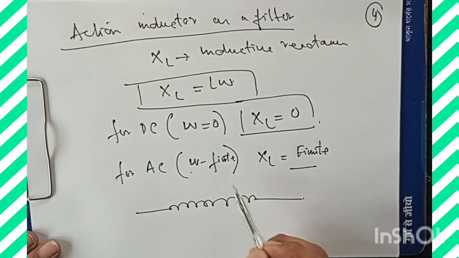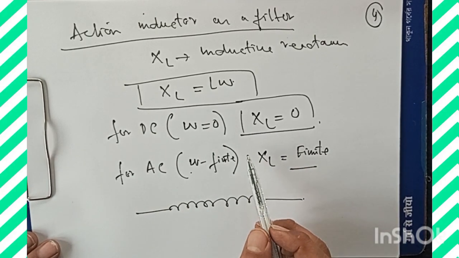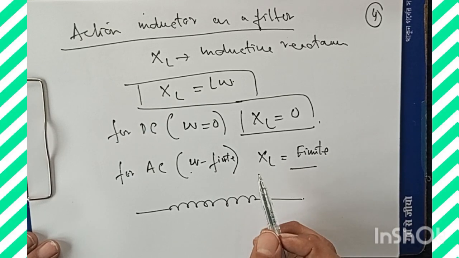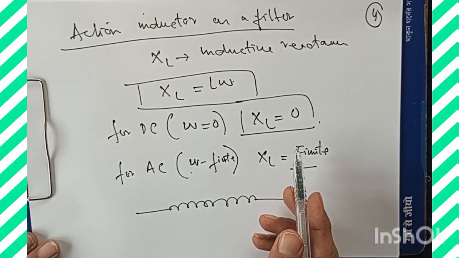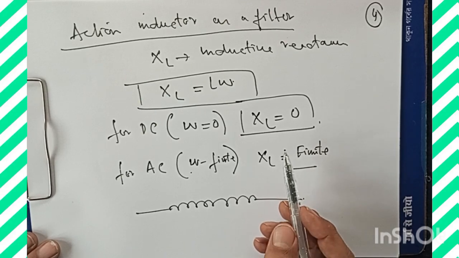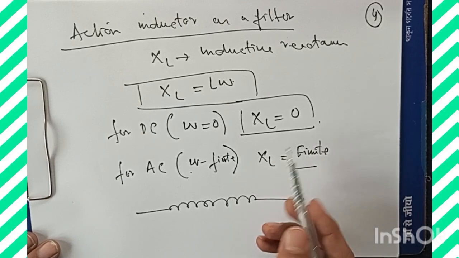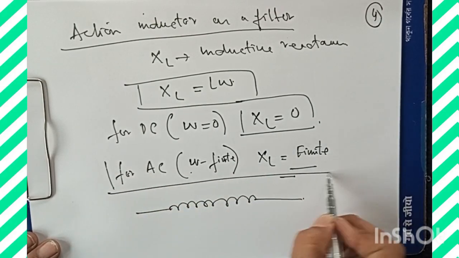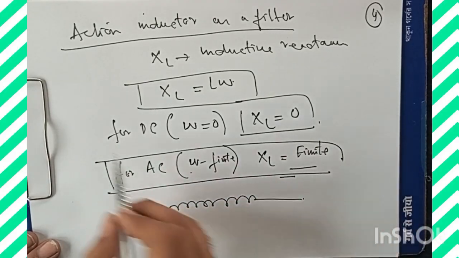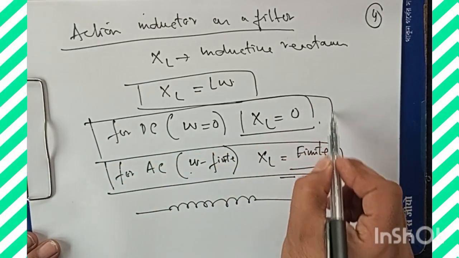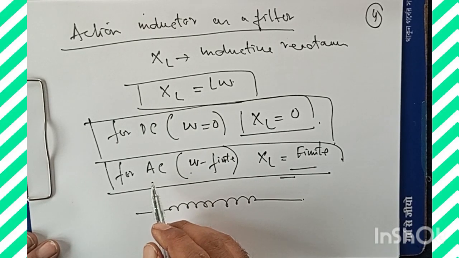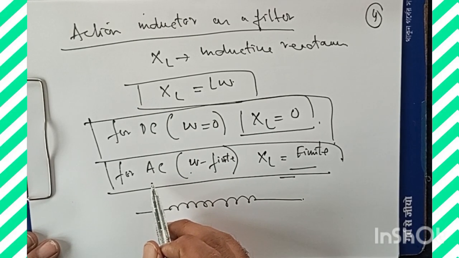So from this analysis, the DC component of the output of the rectifier is passed through the inductor easily without any loss, and the AC component is blocked by this inductor. So for AC, it will act as a block for AC components, but for DC, it's an open gateway. It does not offer any kind of opposition to the flow of DC.